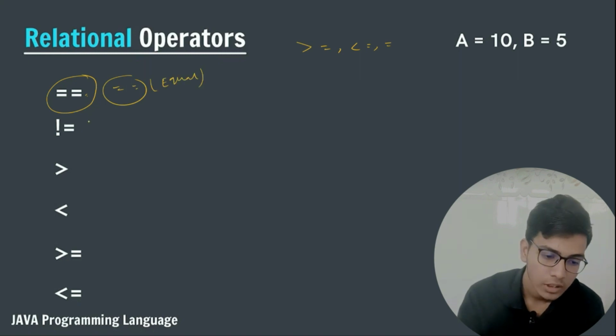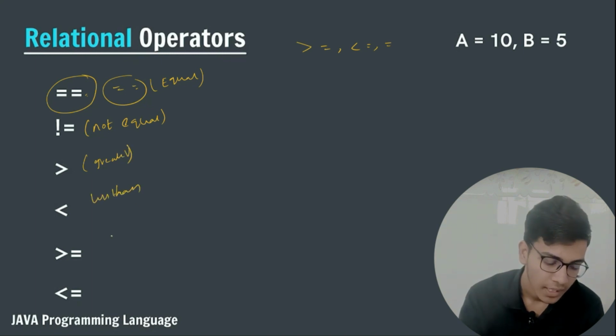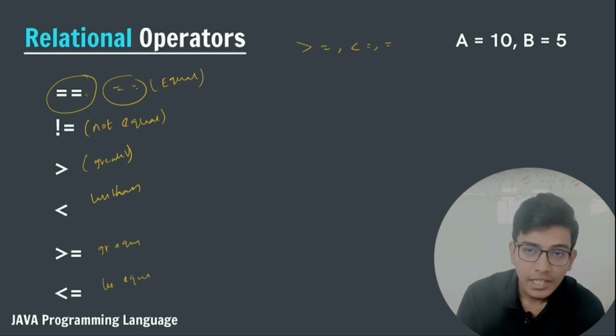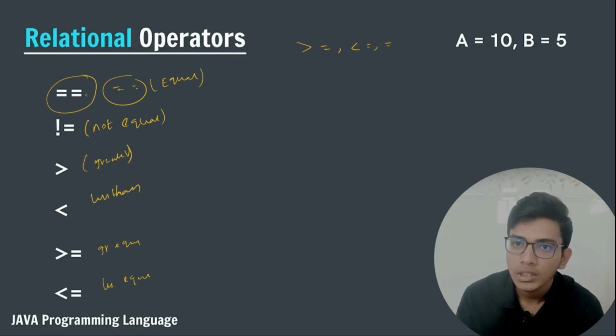This is not equals to, and this is greater than, less than, greater than or equals to, and less than or equals to. So the relational operator will compare two operands and will give true or false as output.